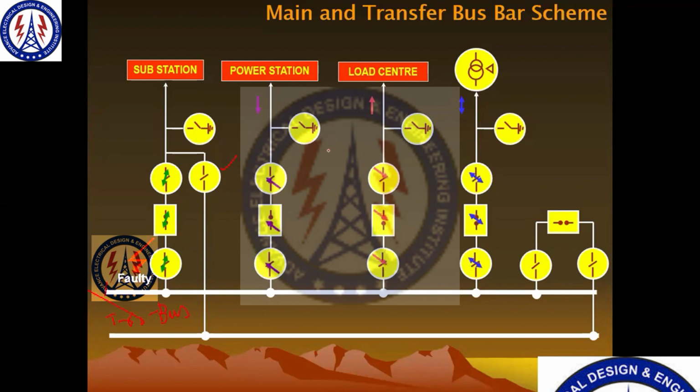We have introduced this scheme in case you need a feeder in priority. Suppose this feeder has the supply to some important place like hospital, like metro, like, say, any country-specific parliament.